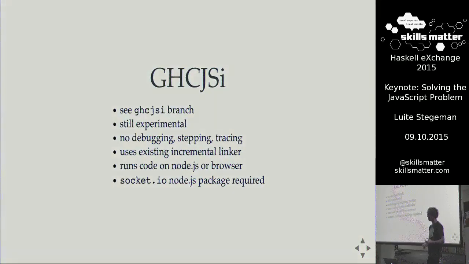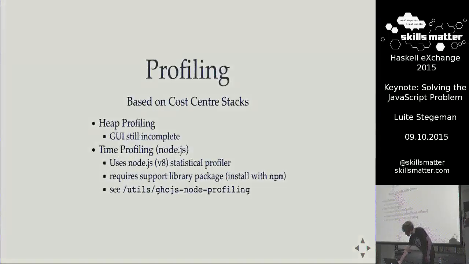The result is that we don't have debugging, stepping, or tracing of Haskell code there. If there's real interest in that, then it might be added in the future, but so far it's probably going to be left out for a while. If you install it, you need the socket.io Node.js library. There are some basic instructions there, so play with it, but don't expect it to be quite ready.